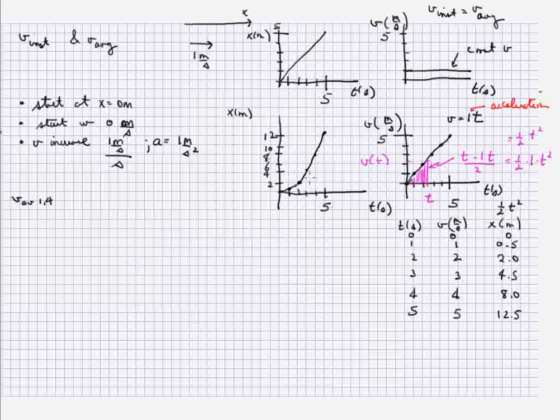So that we could represent by a line that went from this point to this point. This is the point corresponding to t equals 1. This is the point corresponding to t equals 4. And if I draw a line in between those two, let me make it a red line here, it's going to look like this.